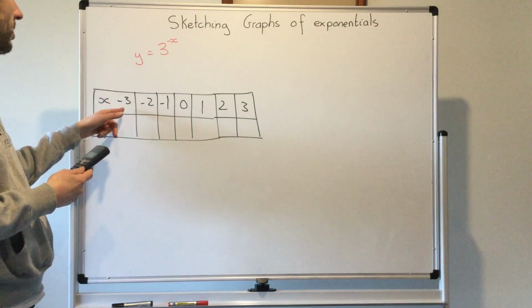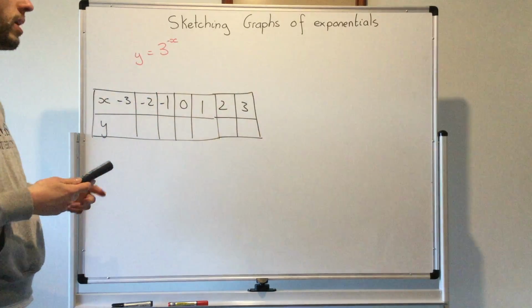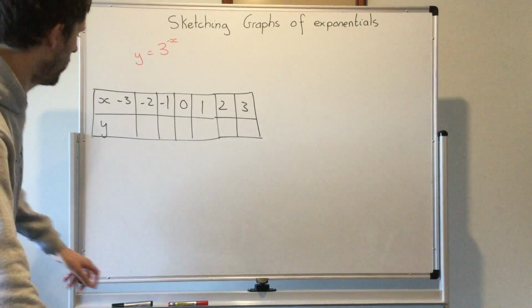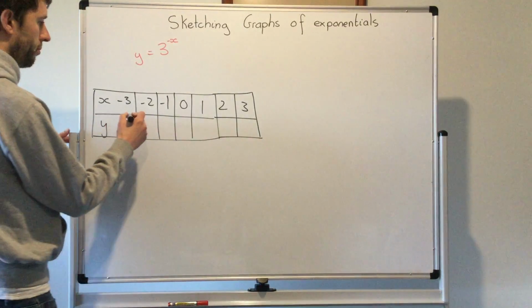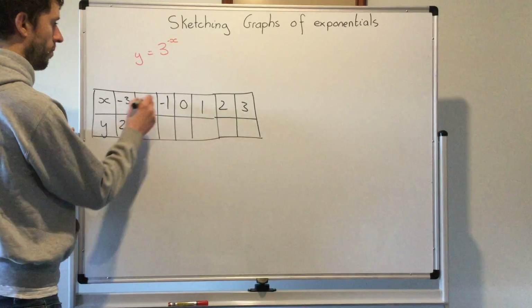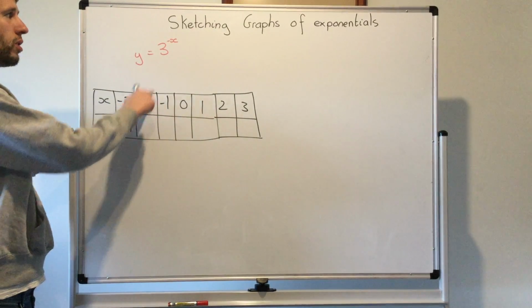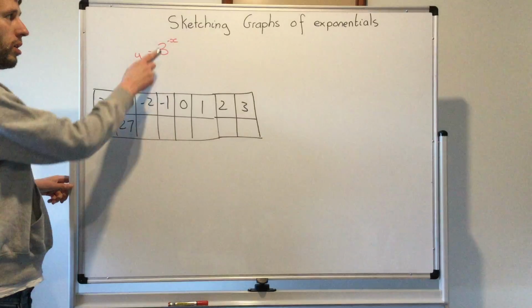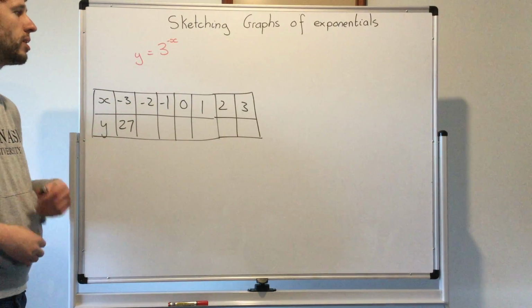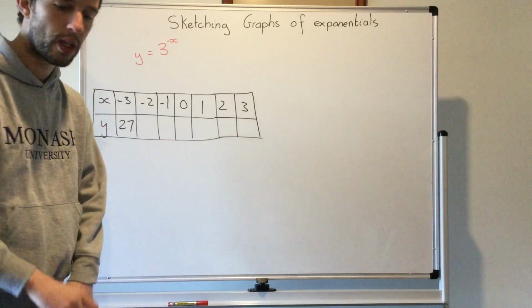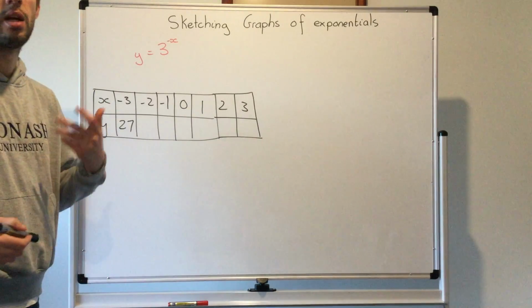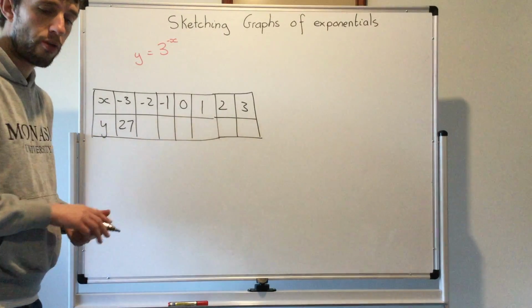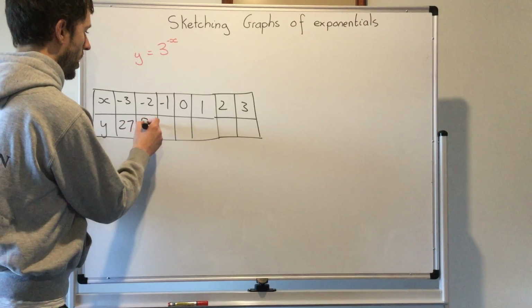When x is -3, the negative will be a positive, so it'll be 3 to the power of 3, which is 27. When I've got -2, the negative equals a positive, so that is 3 to the power of 2. 3 to the power of 2 is 3 times itself, which is 9.